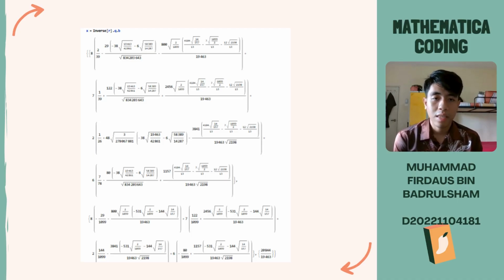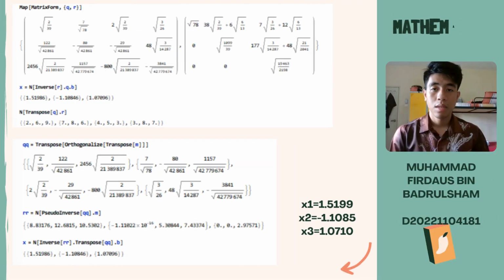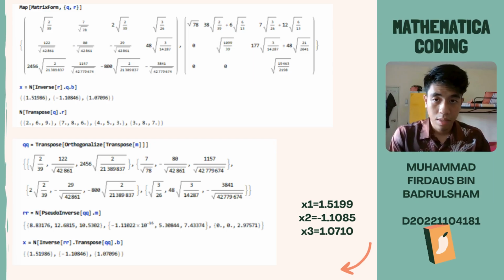After I calculate the vector x by multiplying the inverse of R with the product of Q and B, I choose to keep this in exact form, first to maintain mathematical precision before moving to a numerical approximation. The code is Map[MatrixForm, QR]. By mapping the MatrixForm function over the list containing both Q and R, I can present a side-by-side comparison of the two components to verify that the decomposition has been executed correctly.